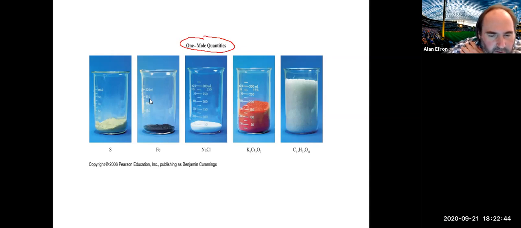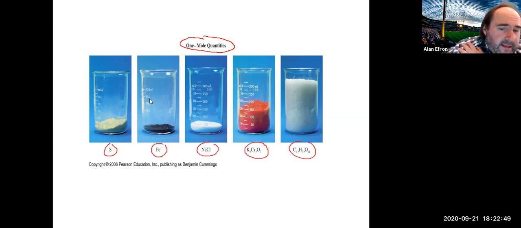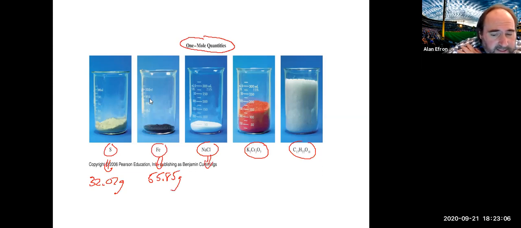And you may say, if they're all 1 mole, how come it looks like there's different amounts of stuff in here? And that's because, for example, 1 mole of sulfur, if you look on the periodic table, represents 32.07 grams, while 1 mole of iron represents 55.85 grams. 1 mole of sodium chloride would be represented by sodium, which is 22.99 grams per mole, and chlorine, which is 35.45 grams per mole.